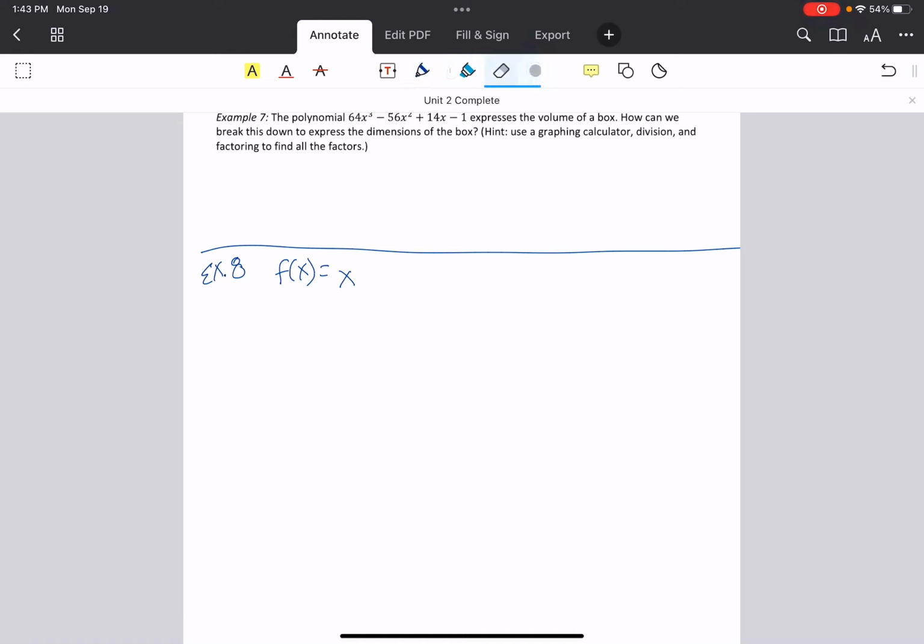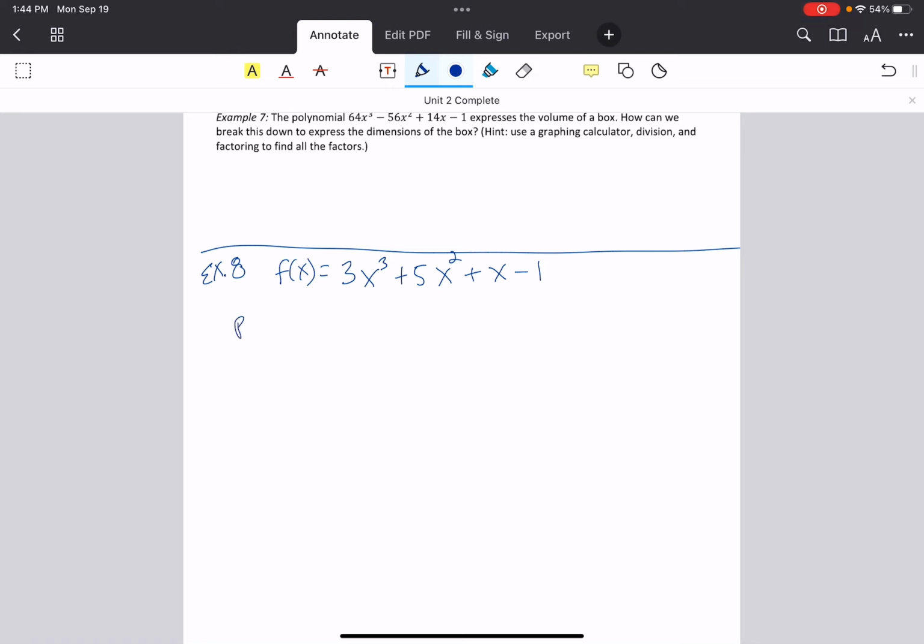Oh, and this one will not have A is 1. 3. Okay, what are the factors of my constant?